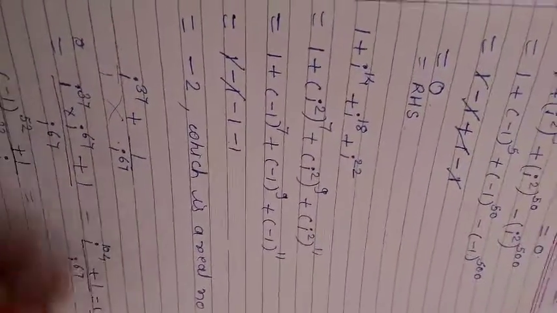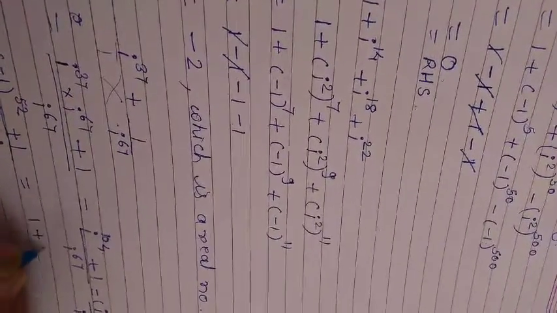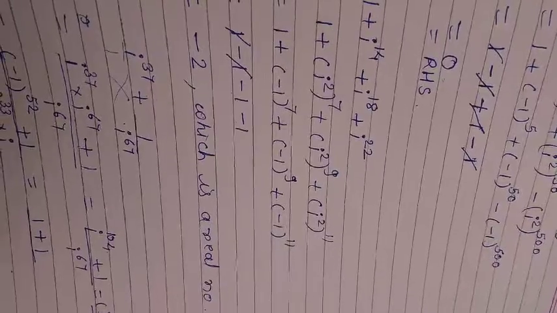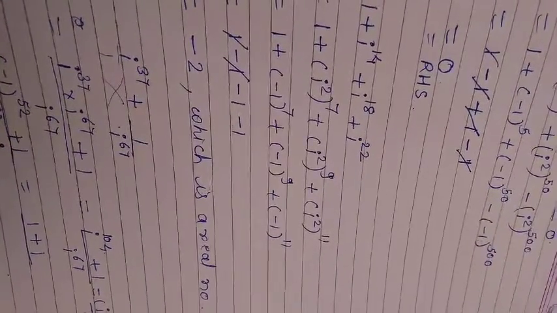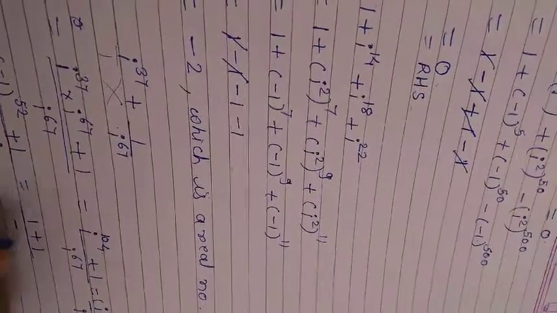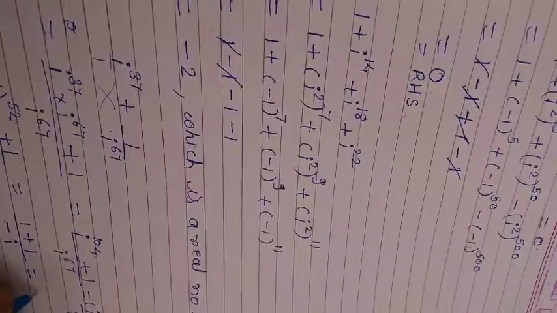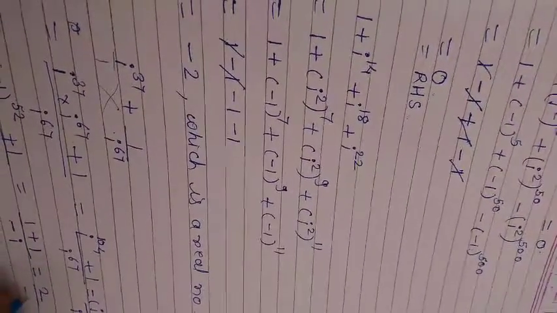So (−1)^52 is an even power, so +1 will come. So 1 + 1, and below will come (−1)^33. So this is minus 1 and this is i. So this is 2 by −i.